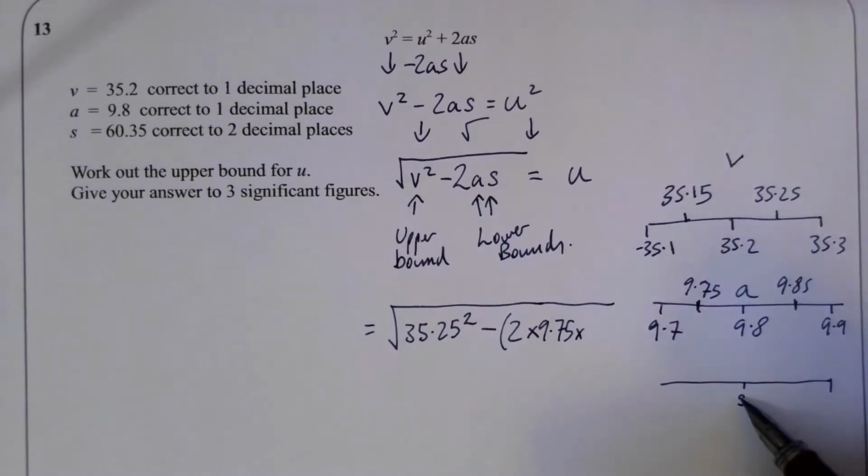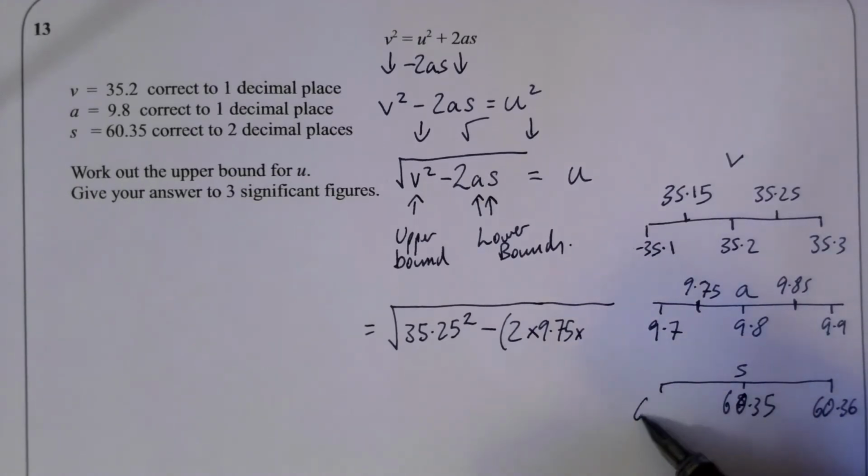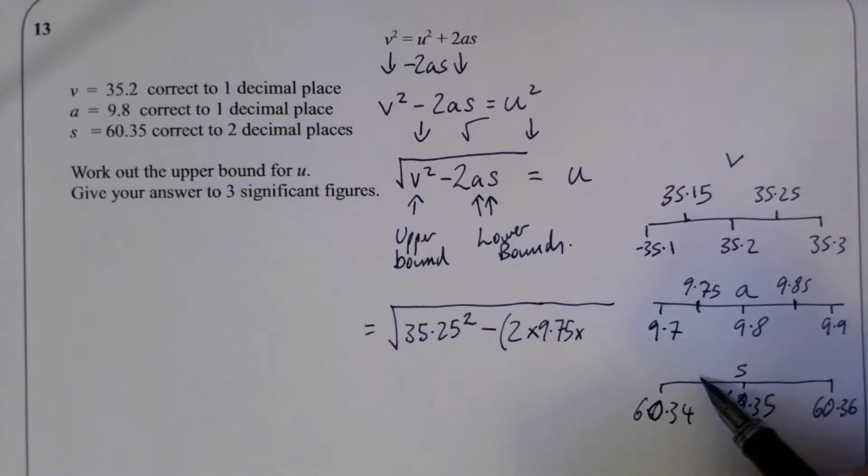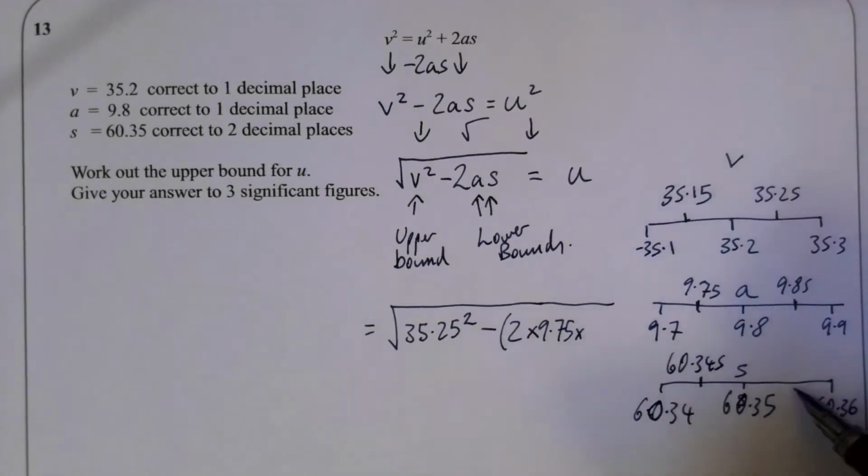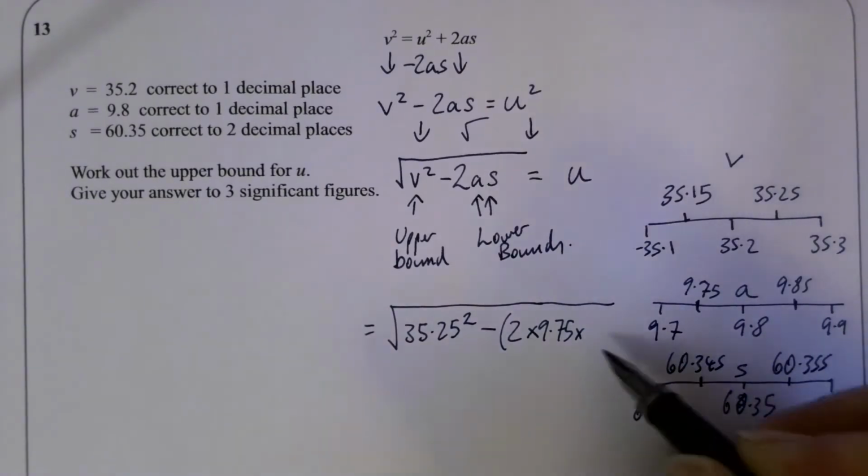Now s is a bit tricky because it's 2 decimal places, so the next one up would be 60.36 and the next one down would be 60.34. So halfway to there is 60.345 and there 60.355. So we want 60.345.